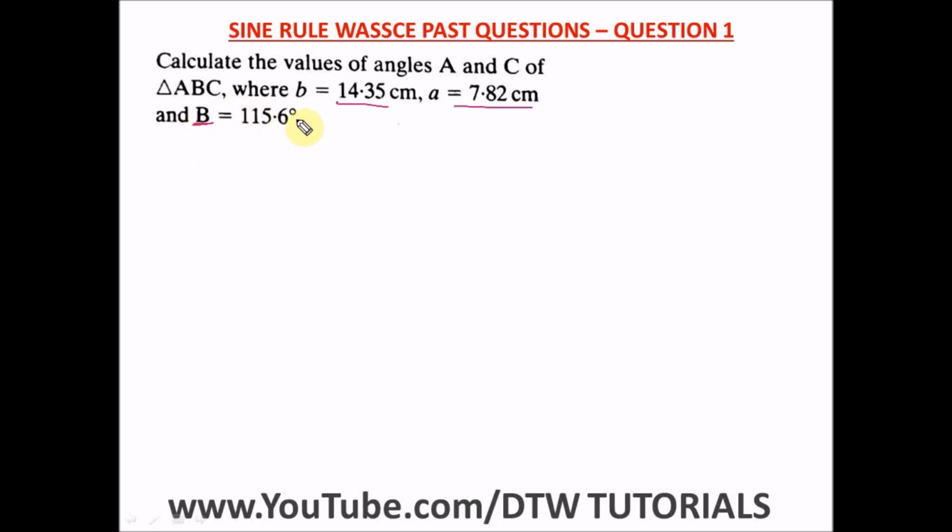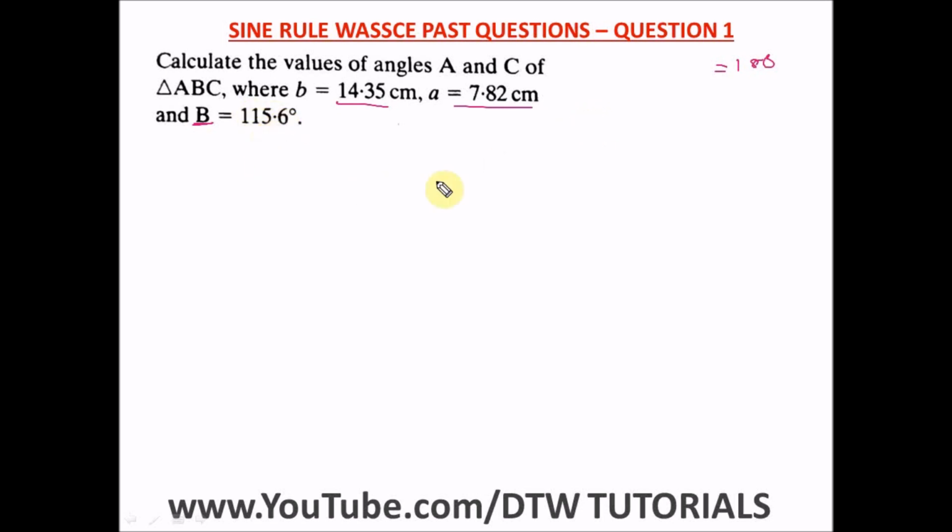From this, you can see this is an obtuse angle triangle, right? Because this value is greater than 90 but less than 180. Always remember, whatever type of triangle you have, the sum of all the angles in that triangle must be equal to 180. This will also help you in resolving your bearing, and also your sine.